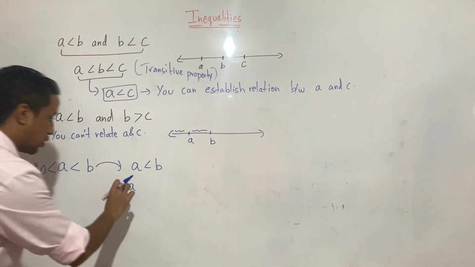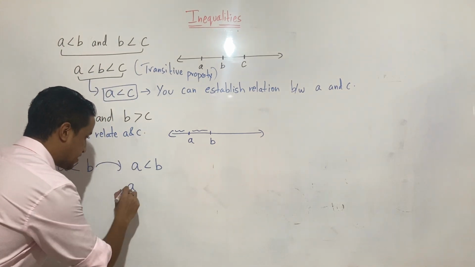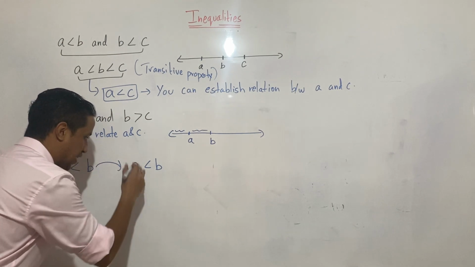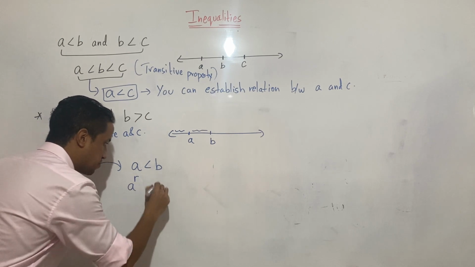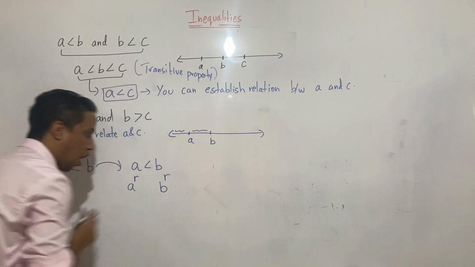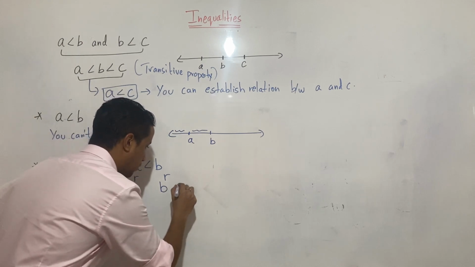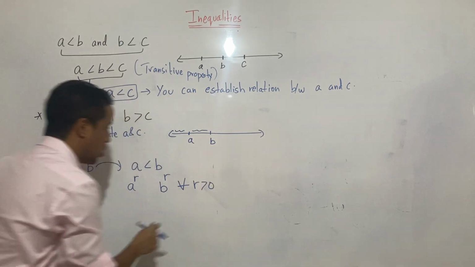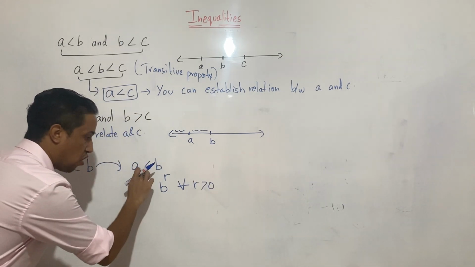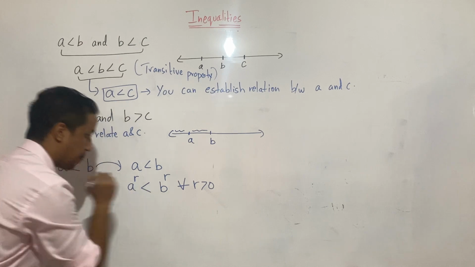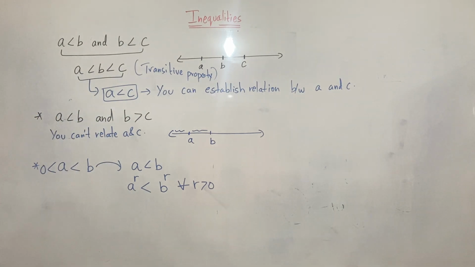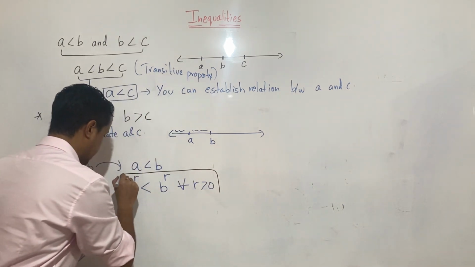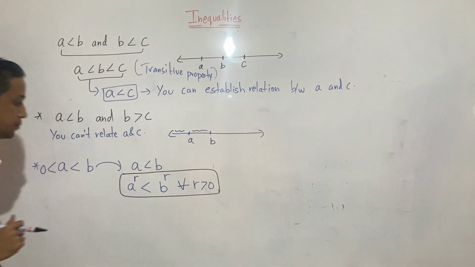So let's see. Here, if I raise this base a to the exponent r, and this b to the exponent r, and if this r is greater than 0, then the sign of inequality will remain the same. Okay, so again, what I'm saying, please take a note.